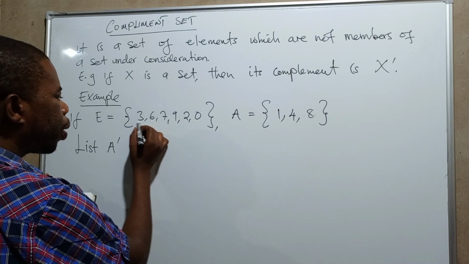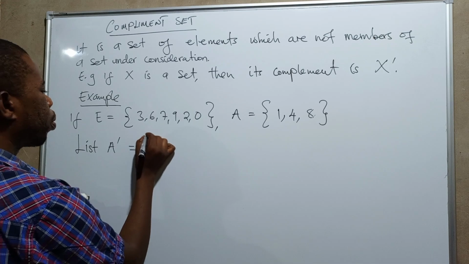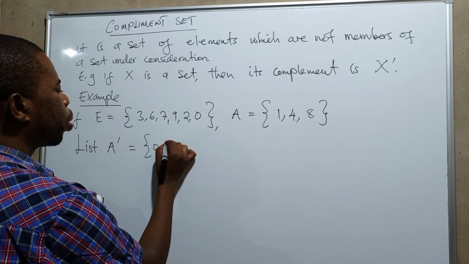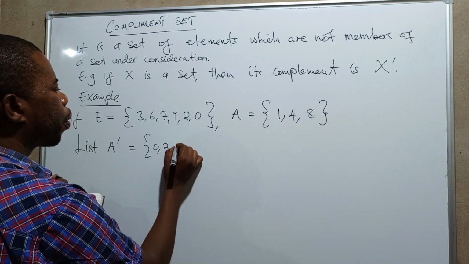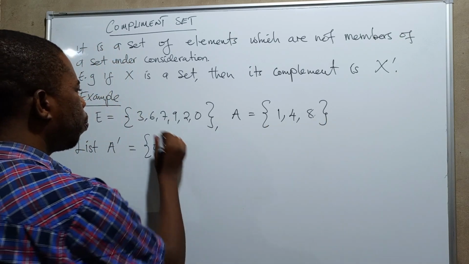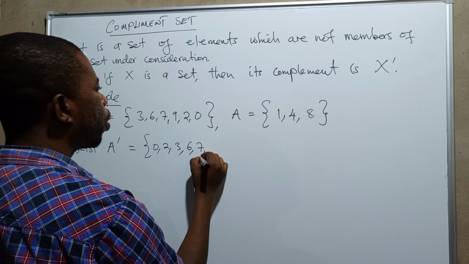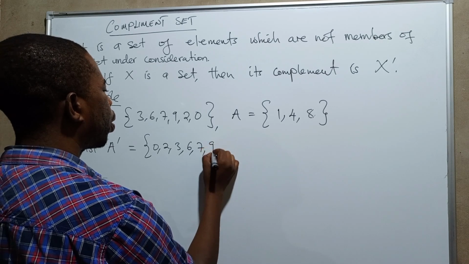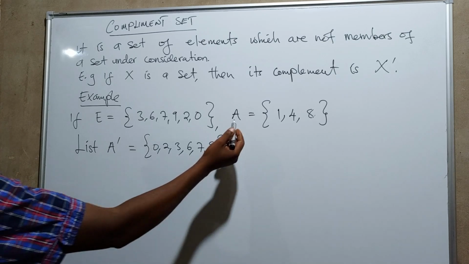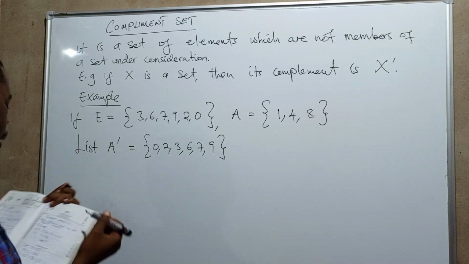We can pick them from the universal set: 0 is not a member there, 2 is not a member, 3 is not, 6 is not, 7 is not, and 9 is not. So this becomes the complement of set A, meaning elements that are not members of set A.